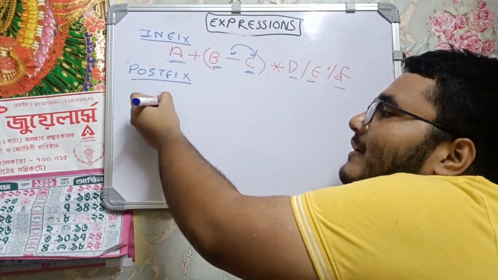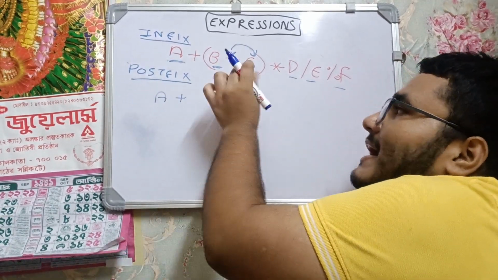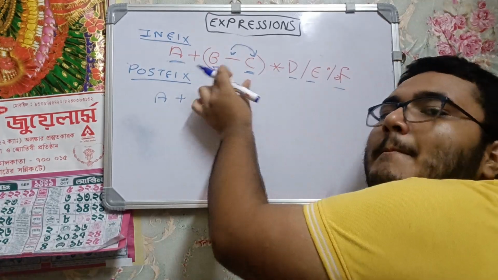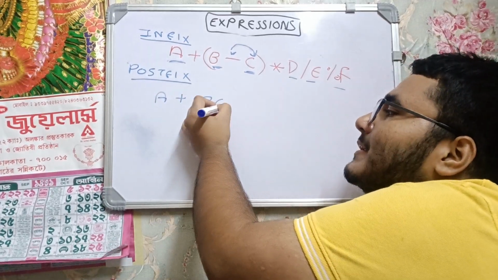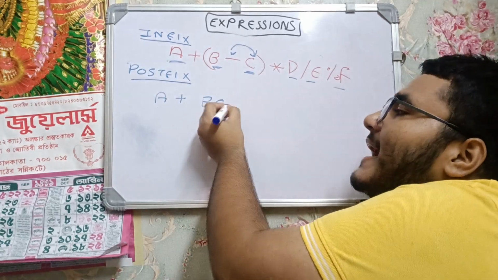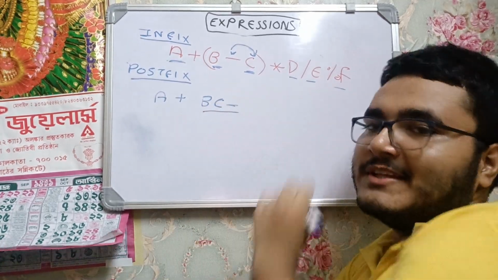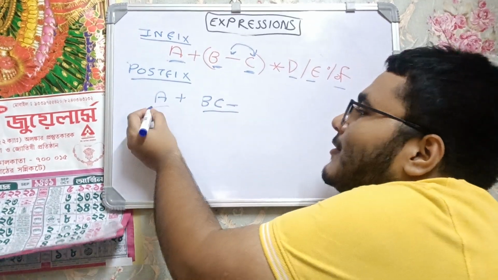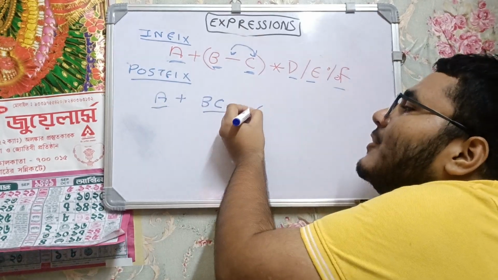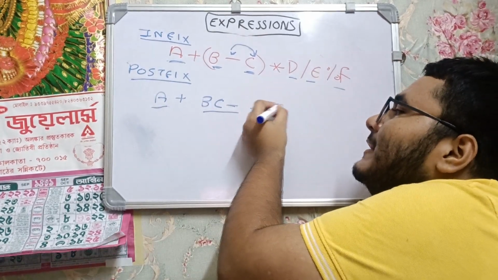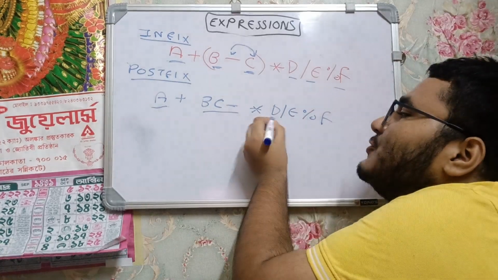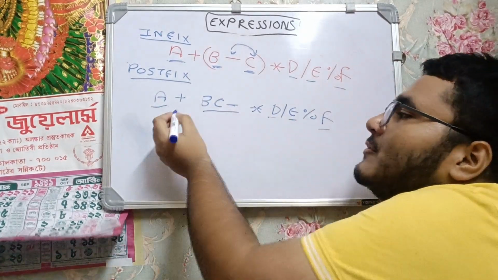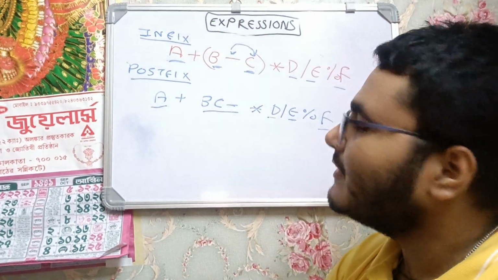So the two operands merge with each other. So BC got merged and minus, so this whole thing is an operand, and now normally simply into T by E modulo F. So this is an operand, this is an operand, this is an operand, this is an operand, fine, right?